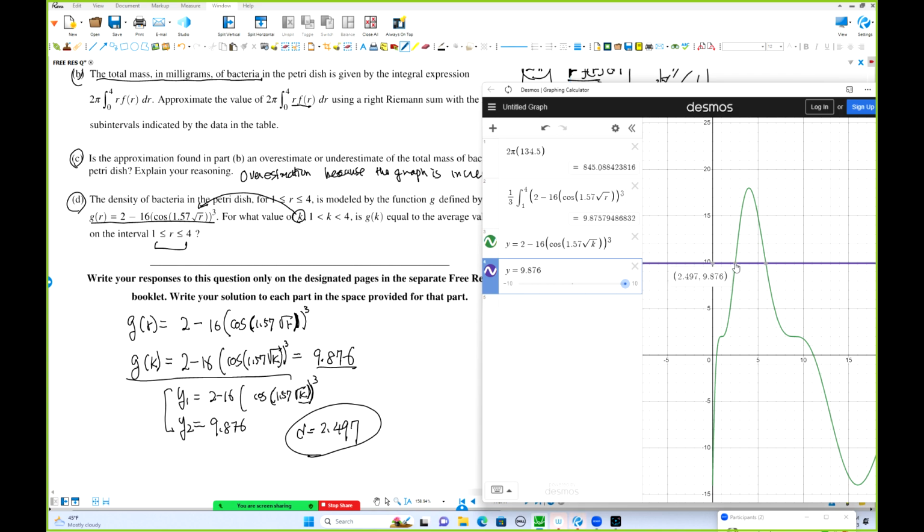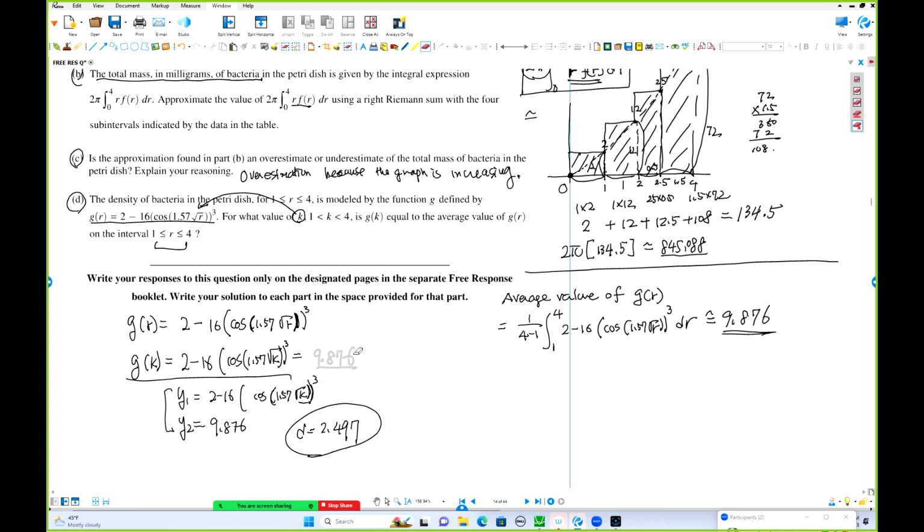Because we're gonna find this intersection over here, okay? This is the same as before. This is 9.86. But over here, when you find the intersections, the value of k must equal 2.497, okay?